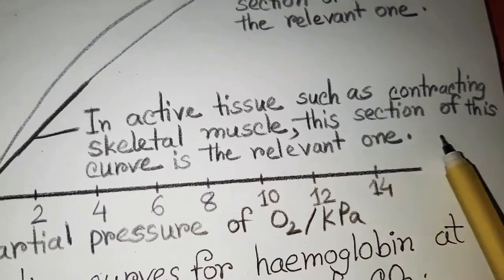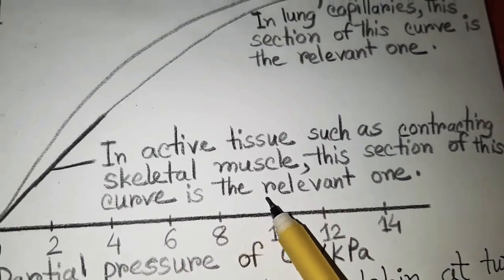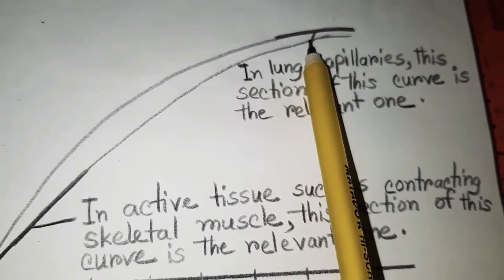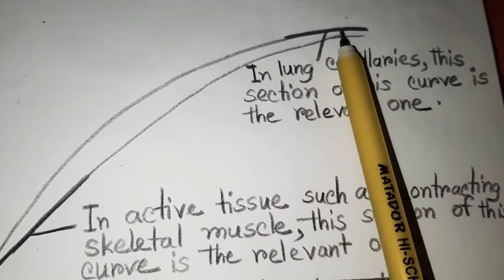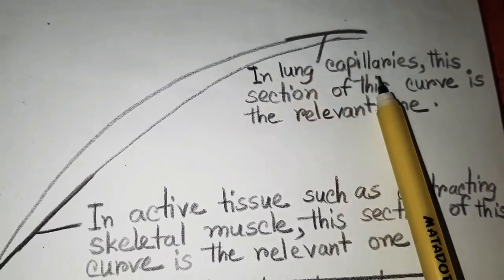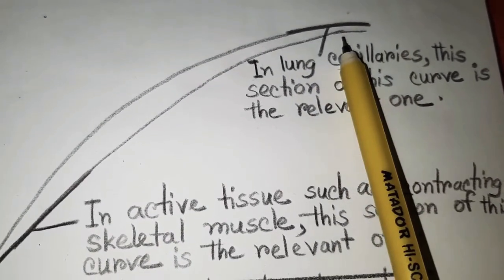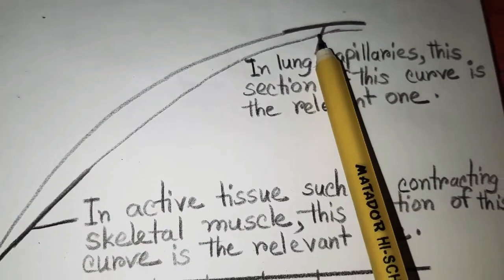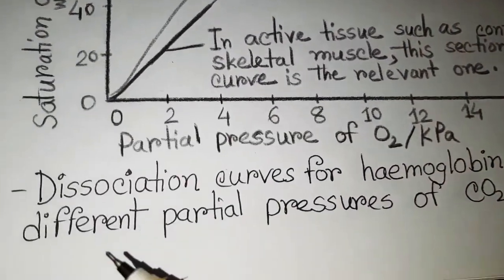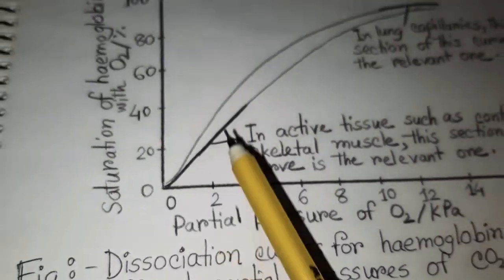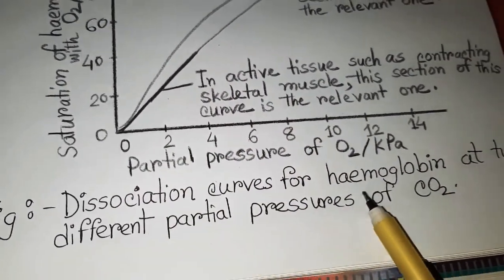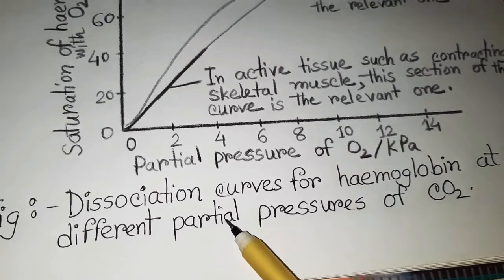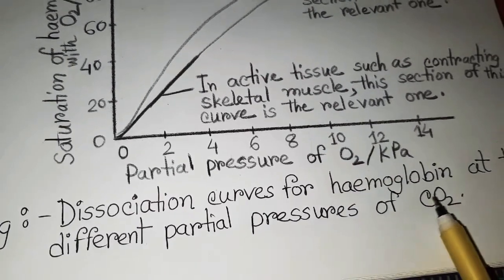This section of the curve is the relevant one. Here you can see another dark line. This is the lung. In lung capillaries, this section of the curve is the relevant one. So this is the diagram. These are the dissociation curves for hemoglobin at two different partial pressures of carbon dioxide.